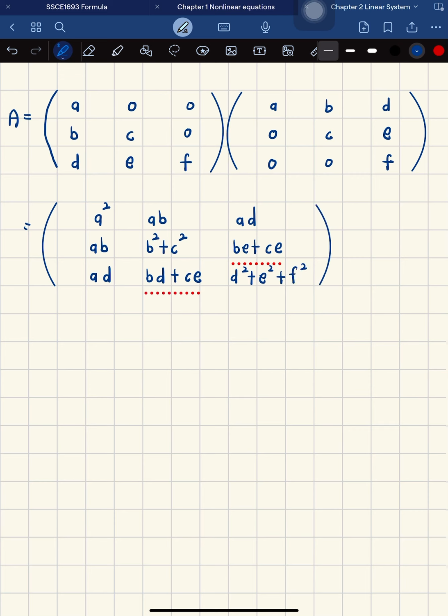So you're going to have this matrix. As you can see, this one is similar.